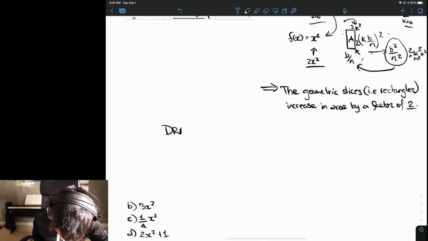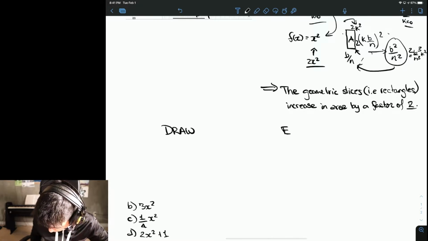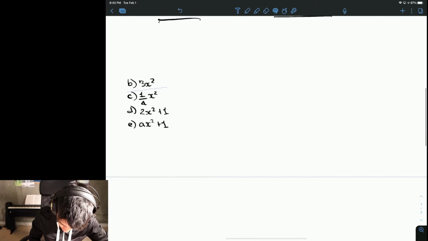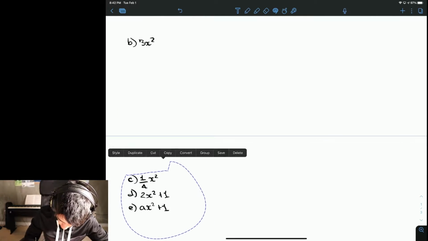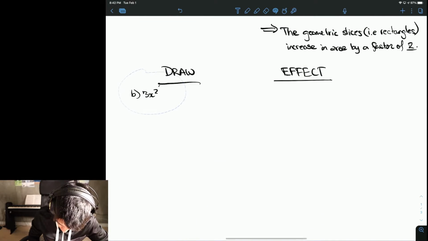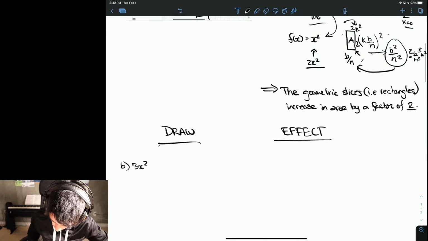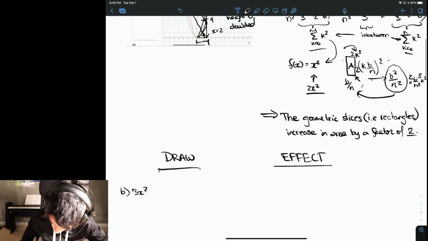Again, draw, and then effect. Our question is this: b x squared. The effect is the same. It's just changing the constant value.